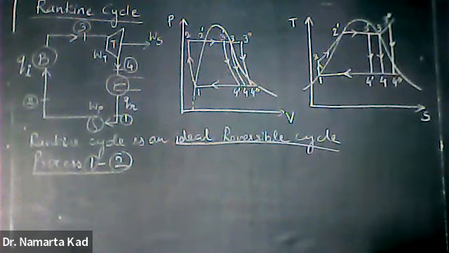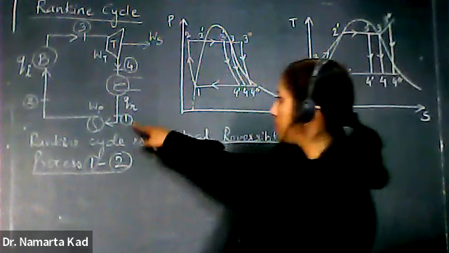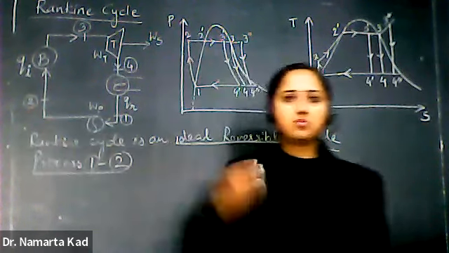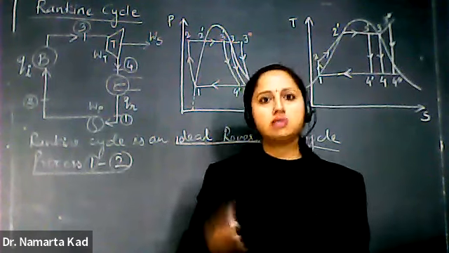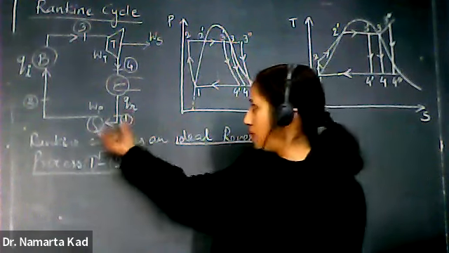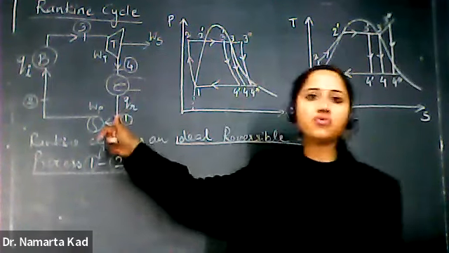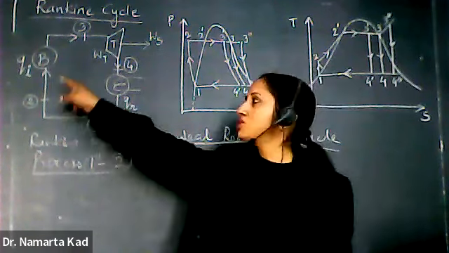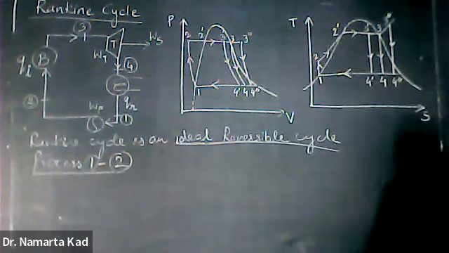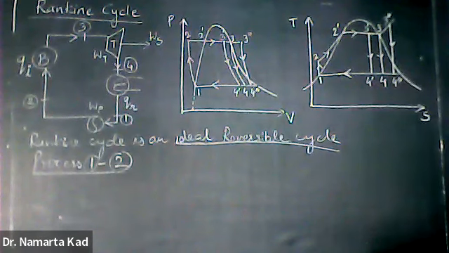In process 1 2, see here, here is stage 1 and here is stage 2. That means process 1 2 is along this water pump, the pump through which the condensate from the condenser is fed to the boiler. In process 1 2 there is pumping of feed water to the boiler from pressure PB to P1.